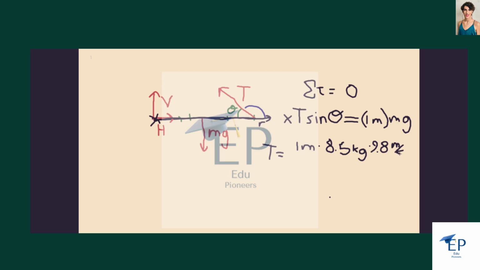And that's going to be the same for all of our configurations A, B, C, D given in the table in the problem. We'll divide that by x sine theta. And so now we've got an expression for the tension, and all we have to do is plug in our values of x and theta.